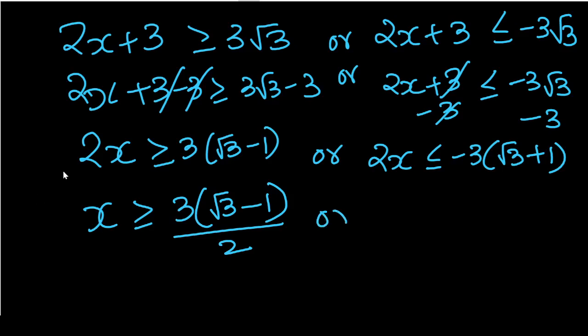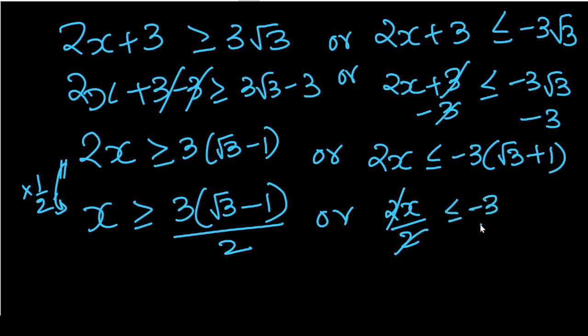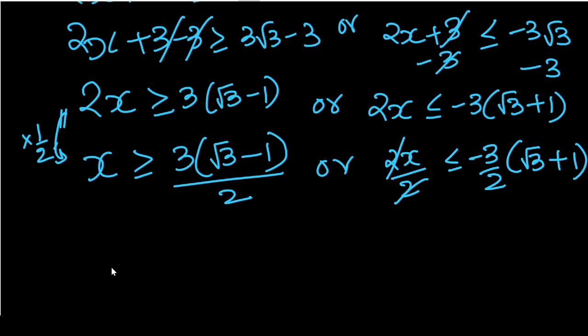Here also we will multiply by half, guys. So this becomes 2x by 2, which is x, less than or equal to minus 3 by 2 root 3 plus 1. So the answer is what, guys?